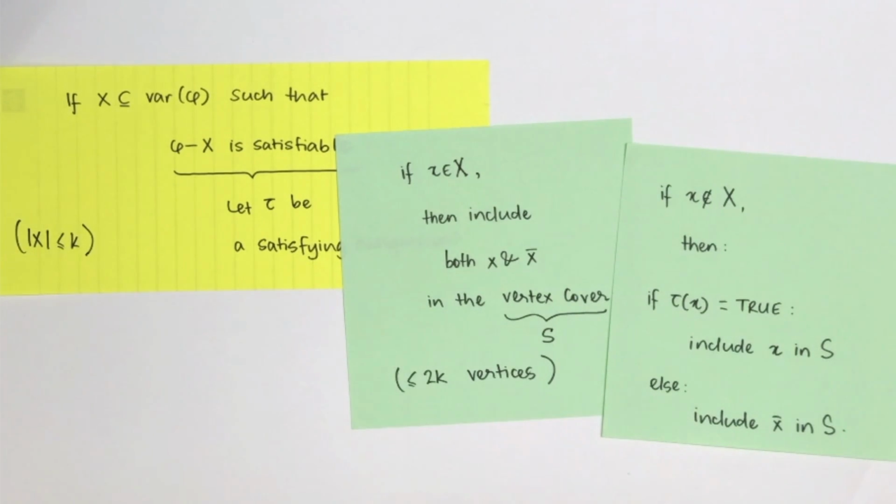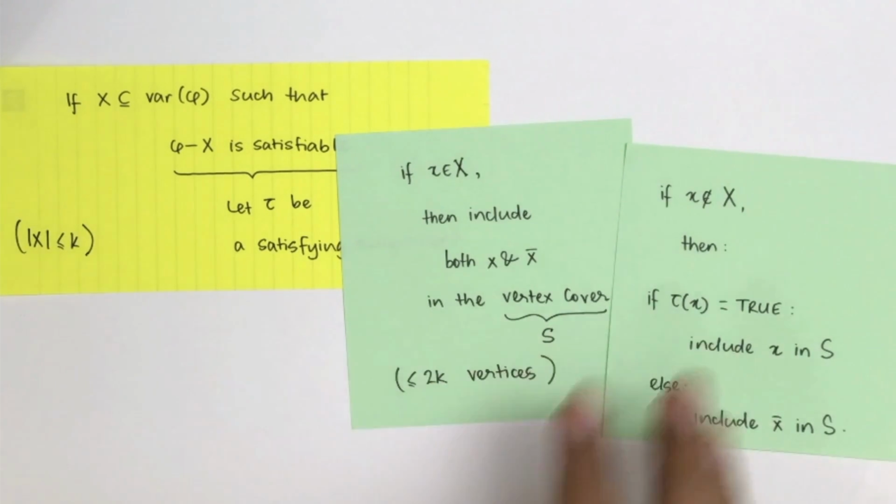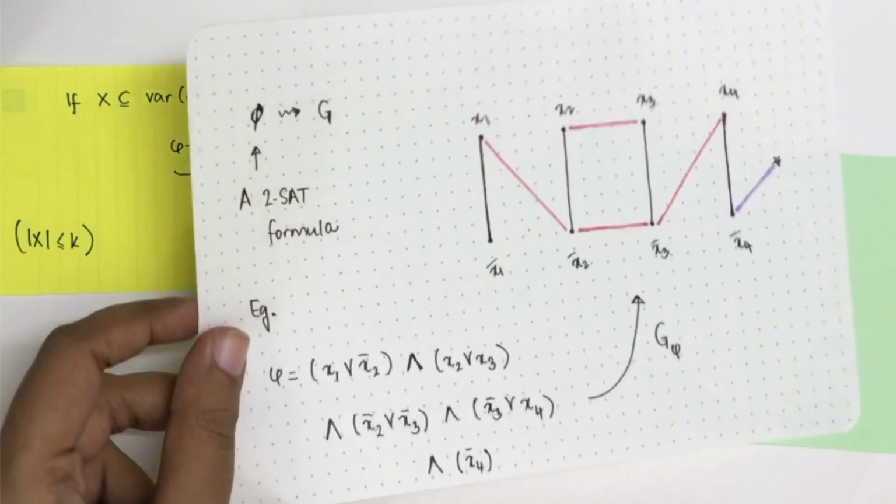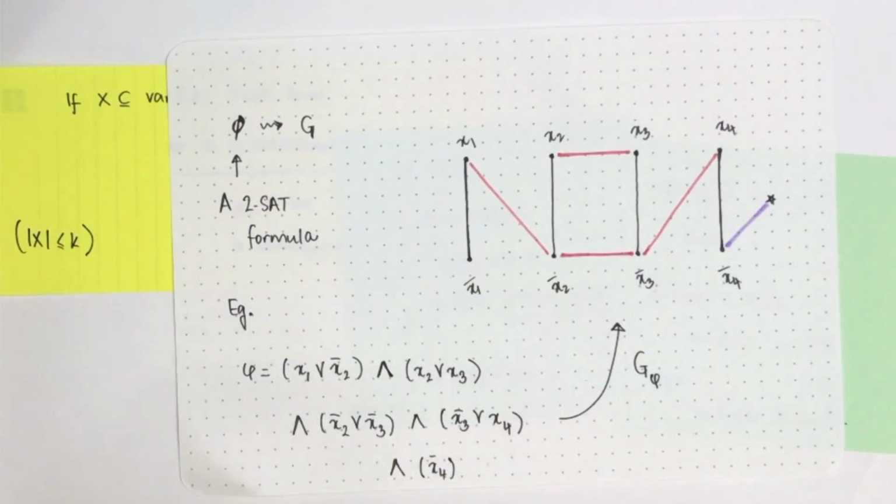And now you also want to think about, why does this form a valid vertex cover? The reason for that is essentially going to be based on the fact that tau is a satisfying assignment for phi minus x. So in particular, if you have an edge that's left over after you delete this proposed subset here, notice that it cannot be a matching edge, because we definitely picked at least one endpoint from every matching edge.